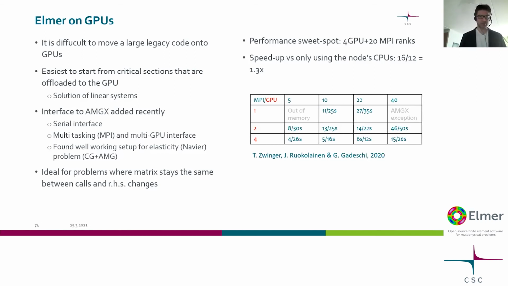We found, at least for that problem size, quite nice speed up, as well as found out that you really have to cleverly make the combination between MPI tasks and GPUs to hit the sweet spot, which in this problem was 4 GPUs plus 20 MPI ranks.